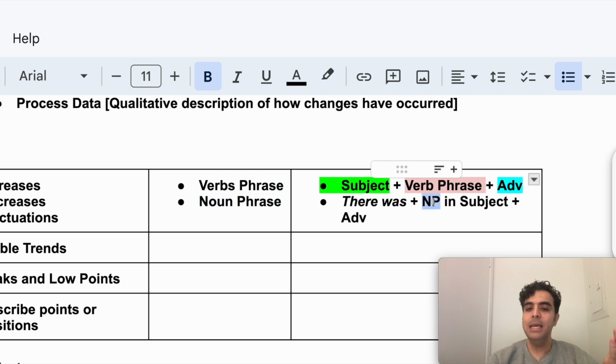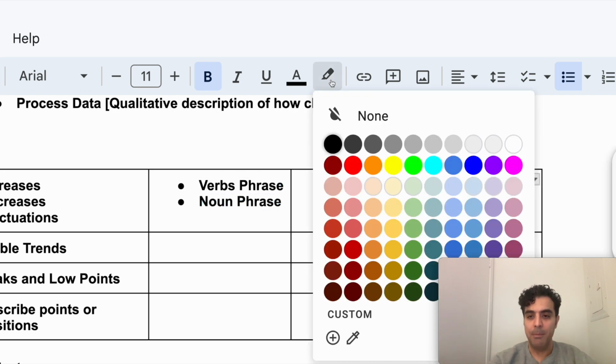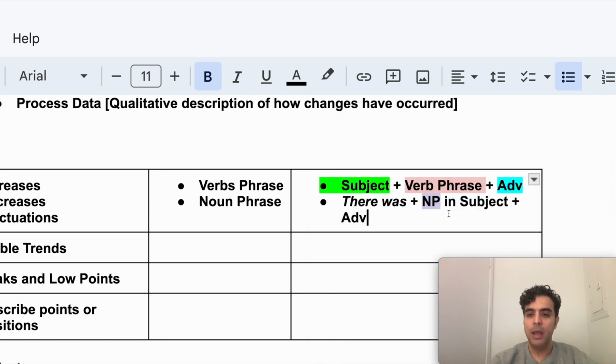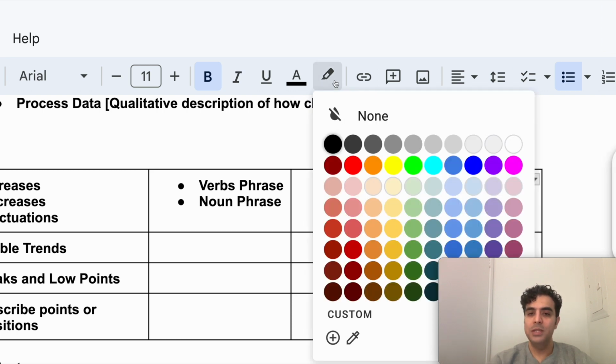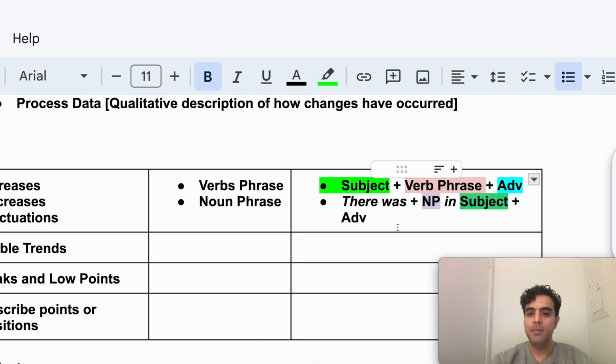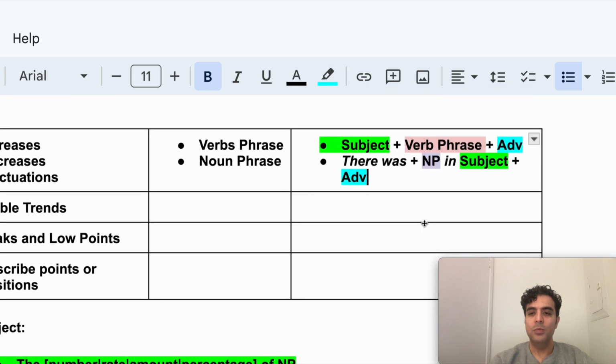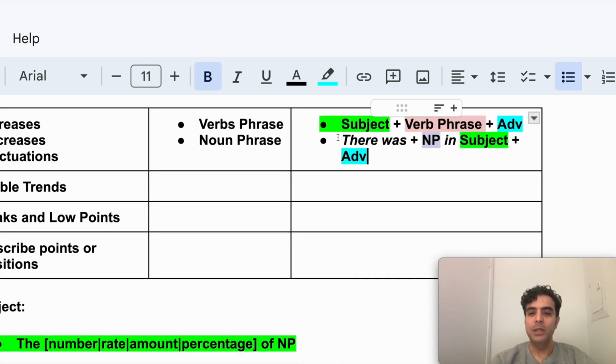The NP, we're going to use a different color for the NP. So let's say we'll go with purple, right? So NP. In, that's again part of the structure. Subject, we'll use the same color, green, to describe the subject. And then finally, the adverb will be in the same color as we've been using so far.